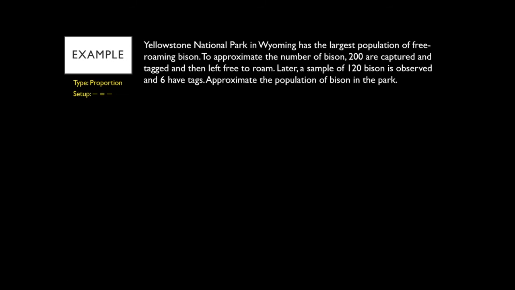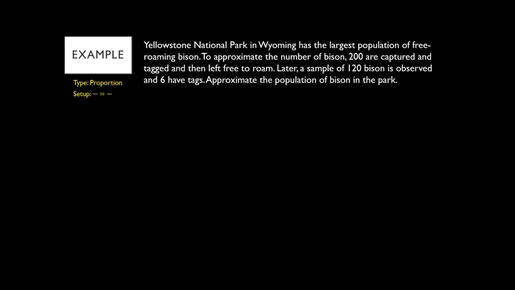So this type of problem is often referred to as a capture and release or a tag and release problem. And this is actually something that is really done in biology, where you try to get an estimate for the total number of animals by tagging a certain number and then capturing some later and figuring out the proportion.